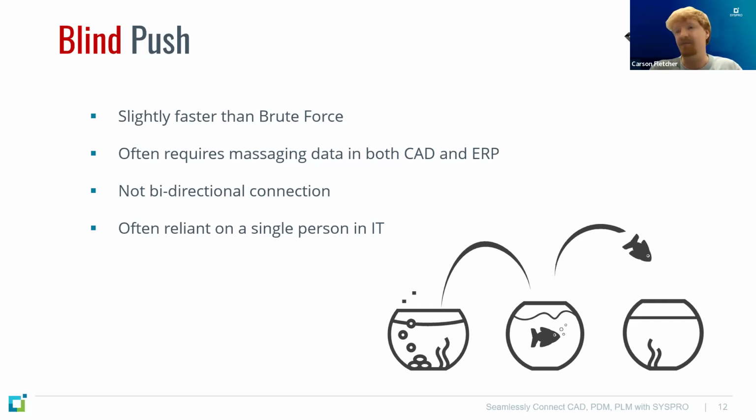We see that quite a bit with new customers, where they say, "We had this tool, somebody built it 10 years ago, and now that guy's retired and no one knows how it works." So that's where a solution like CADLink comes in, an out-of-the-box tool that is supported by our team here, which is a huge saver.